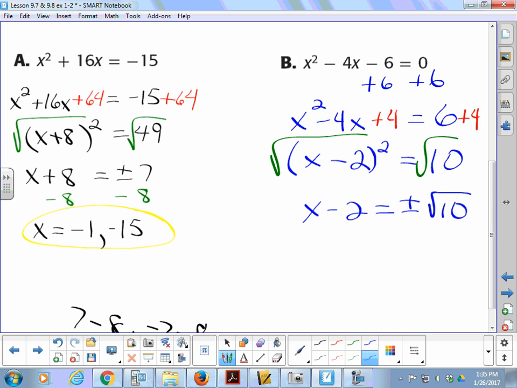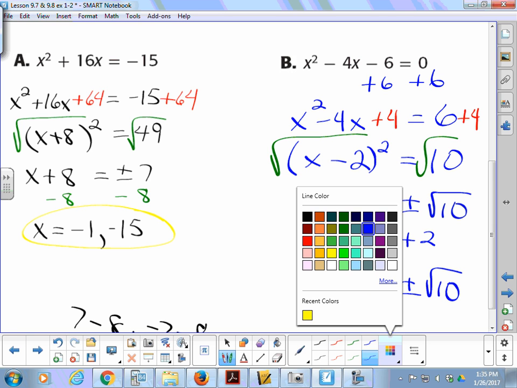So we add 2 to both sides. So we get x equals 2 plus or minus the square root of 10. We're always going to write this number before the plus or minus. So if you get a number that's not a perfect square, just leave it as it is. Later on, we'll learn how to simplify those if it's possible.